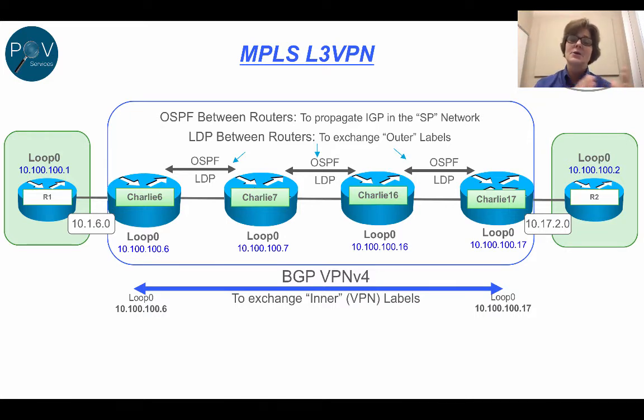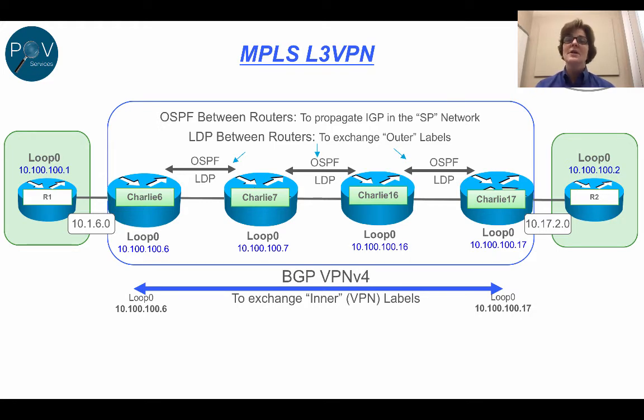It is actually going to run between Charlie6 and Charlie7, between Charlie7 and Charlie16, and between Charlie16 and Charlie17, and it's going to exchange what I'm going to refer to in MPLS L3VPN terms as outer labels. Now, the LDP routers themselves, the Label Distribution Protocol, don't view them as inner labels or outer labels, they're just labels.